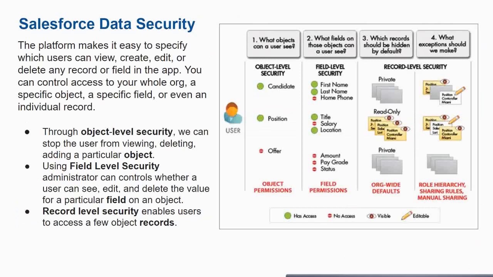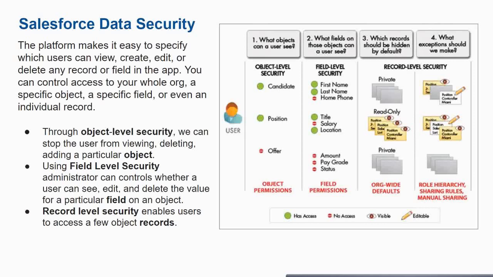Okay, now Salesforce data security. Salesforce has object level security, field level security, and record level security. What Salesforce data security does is let you configure who can view what.